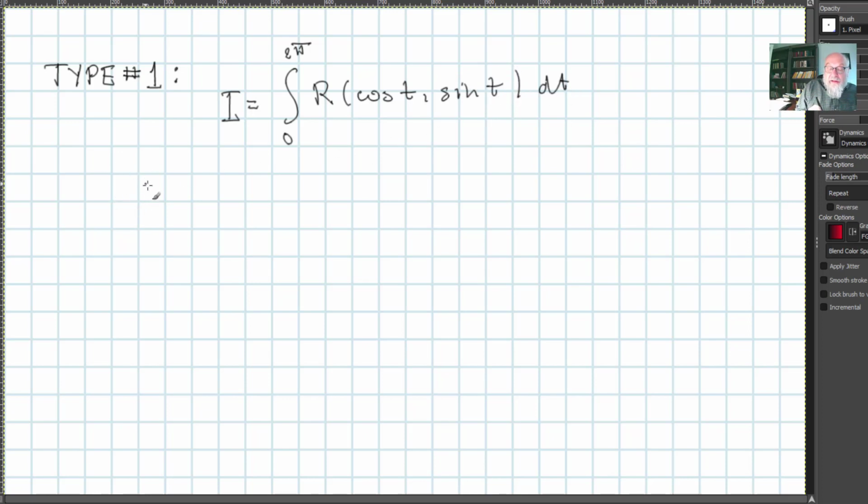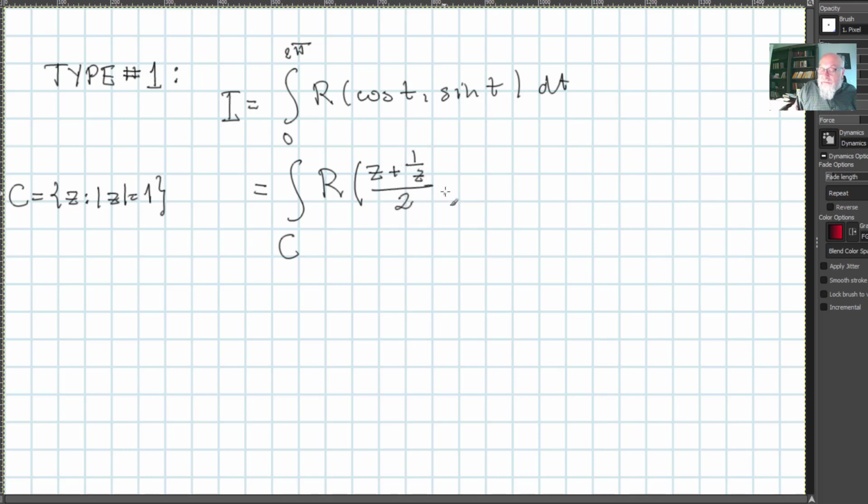This integral can be written as an integral over the unit circle C. So put here C is the unit circle, and here we have R of (z plus 1 over z) divided by 2, and (z minus 1 over z) divided by 2i, and then dz divided by iz.